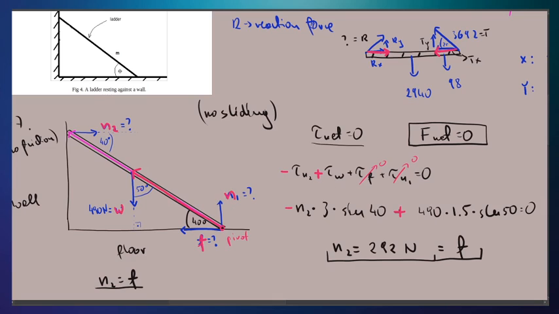So I'm going to put here on the bottom that the weight must be equal to N1. And if that's the case, then I just found N1. That obviously is 490 newtons. So 490 newtons, and that does the trick. Now the problem is solved.